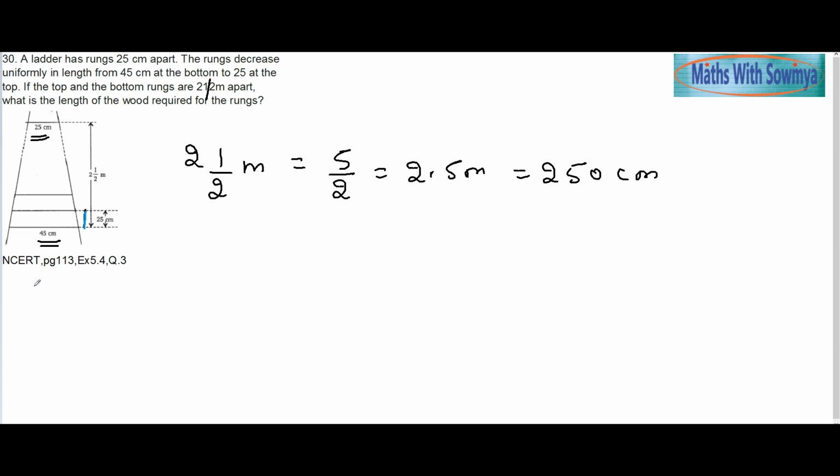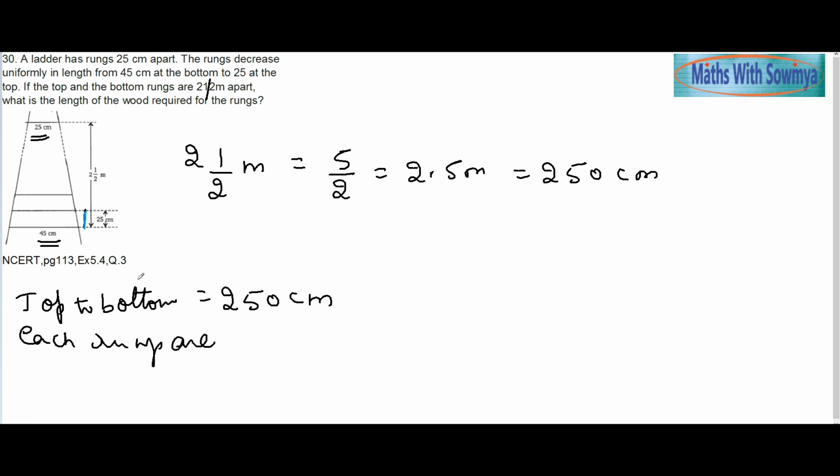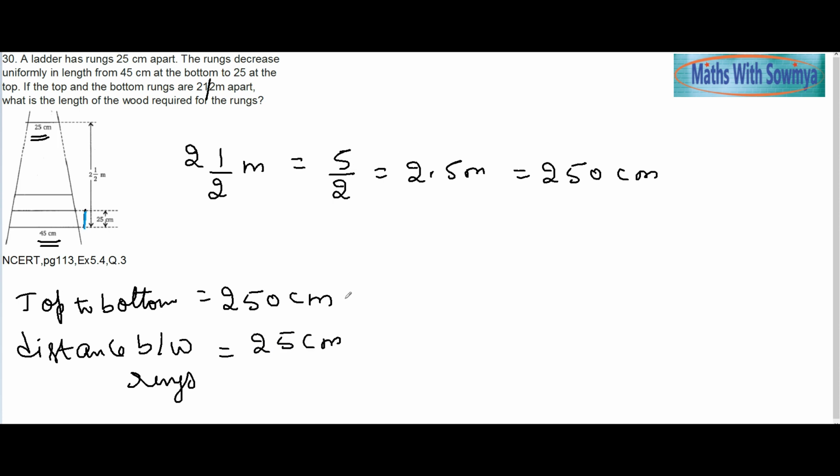So we can take the given things here. Top to bottom, the distance is 250 centimeters, and each given rung is 25 centimeters apart from the other. So the overall length is 250 centimeters, top to bottom, that is the total length.